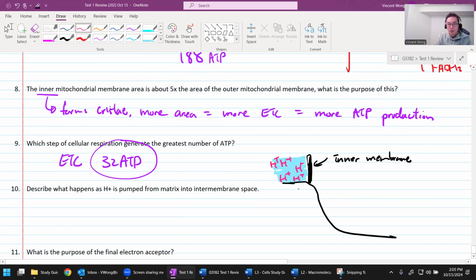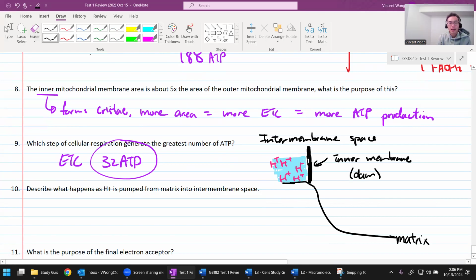Where does the H plus want to go? They've got to go back down here, right? This is the matrix down here. Up here is the intermembrane space. The inner membrane is in the way, like the dam. It's not going to be able to come back down.